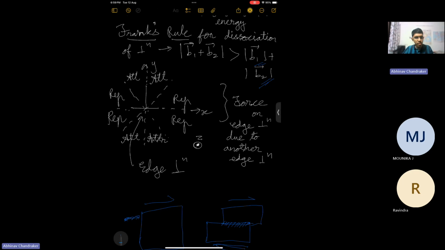And we know that the energy of a dislocation is proportional to the square of the Burgers vector. So if the initial dislocation's Burgers vector magnitude squared is more than the sum of the squares of b1 and b2, then this will be favorable.